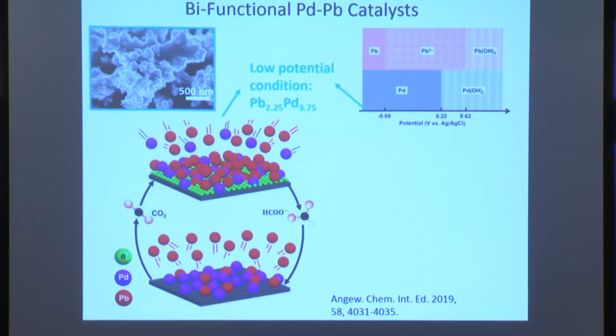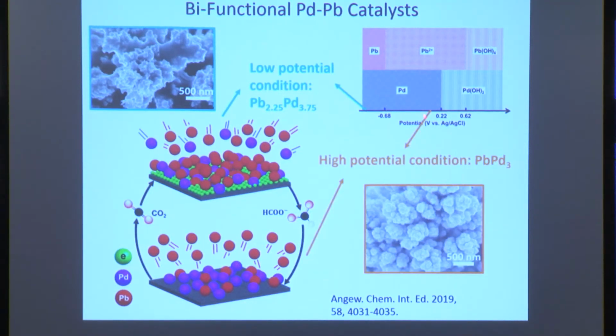Then if we go to a different potential where the palladium remains a metal and the lead gets oxidized, you get a palladium-rich surface. And that surface can selectively oxidize formate back to carbon dioxide.